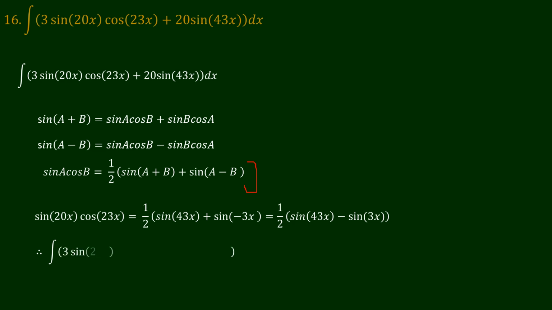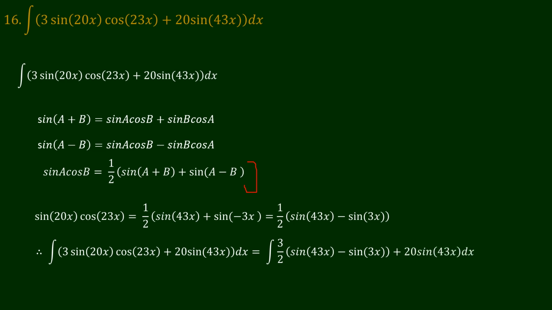So we can now plug that into the integral sign, and so we get the result being that we have now 3 over 2 sine 43x minus sine 3x plus 20 sine 43x. Now adding this and this means that we have 43 over 2 sine 43x minus 3 over 2 sine 3x.